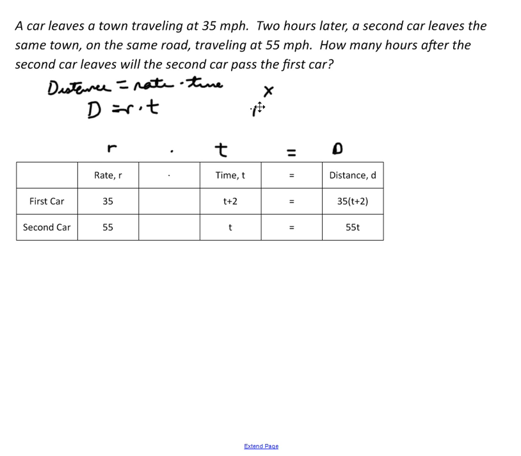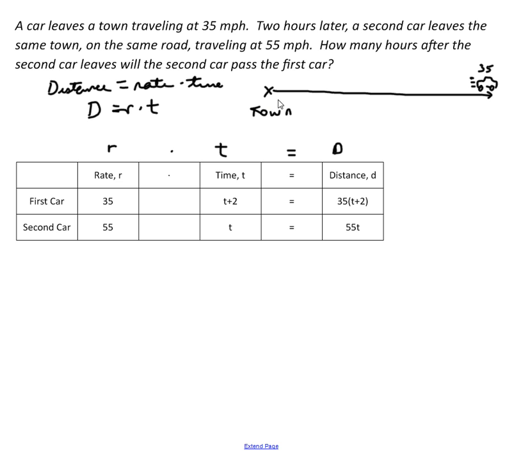I kind of have to draw a diagram sometimes to help me see what's going on. And this first car travels some amount down the road. Right, so we've got our first car traveling down the road here. My best impression of a little car. We've got this first little car tootling along at a nice slow rate of 35 miles per hour, right? And it leaves town.